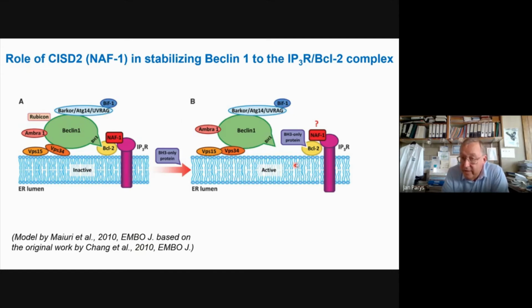And only when the beclin is released due to another factor, then beclin will move on to provide autophagy in the cell. And by the way, but I will not go deeper into it, we showed about 10 years ago also that this beclin-1 can feed back on the IP3 receptor to induce autophagy. So these are a lot of reasons that make this NAF1, this CISD2, interesting for us.